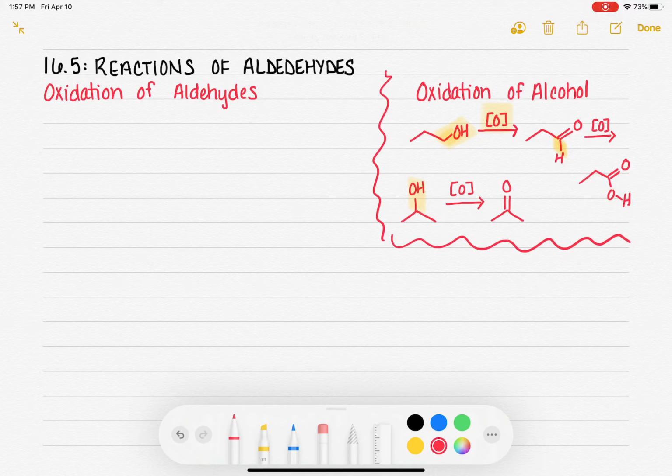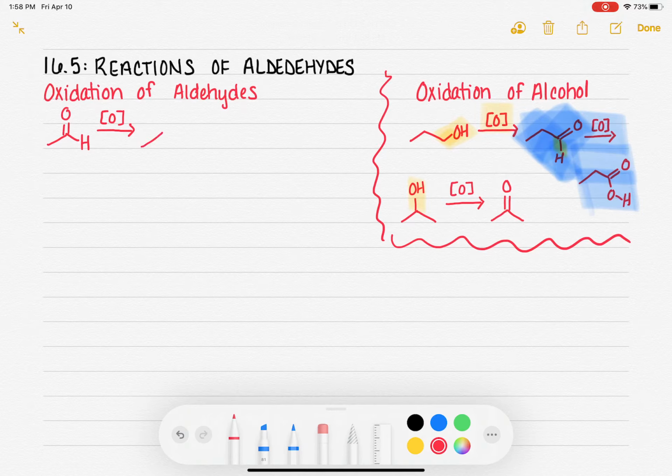For the oxidation of aldehydes, I'm going to do this little guy right here, and we're oxidizing this guy. Notice that this is simply the last step of the oxidation of an alcohol, starting here at this particular point and moving forward the rest of the way.